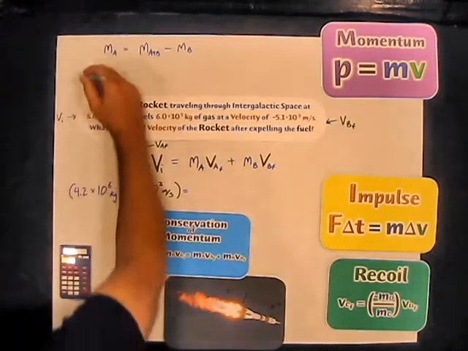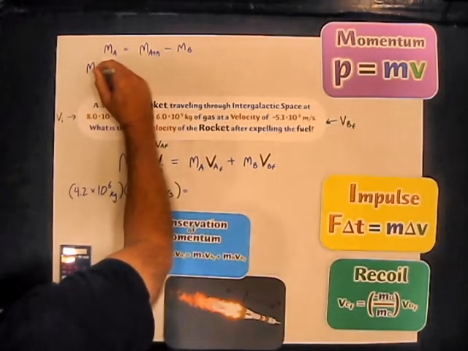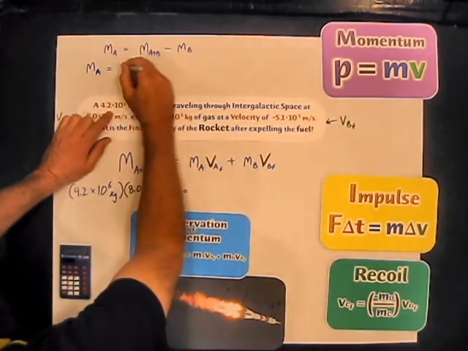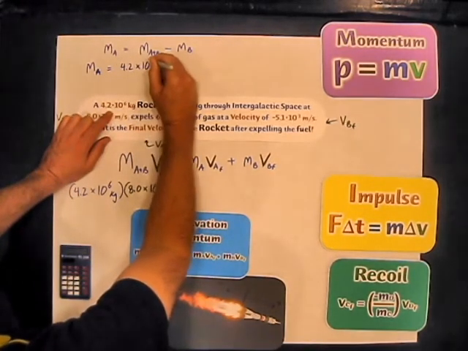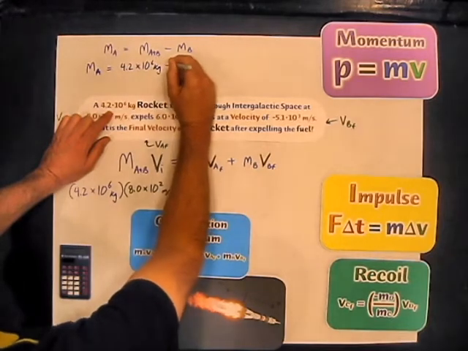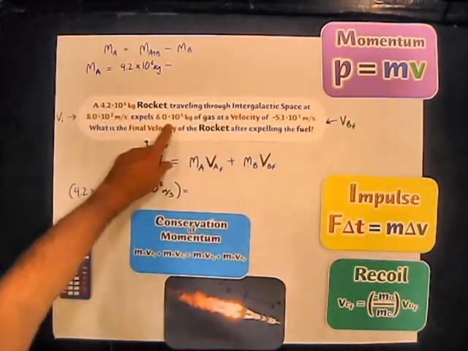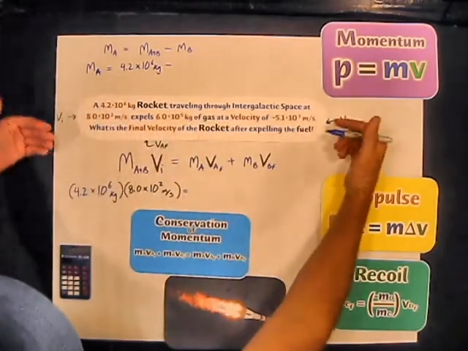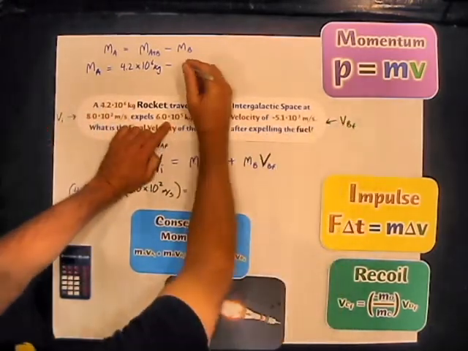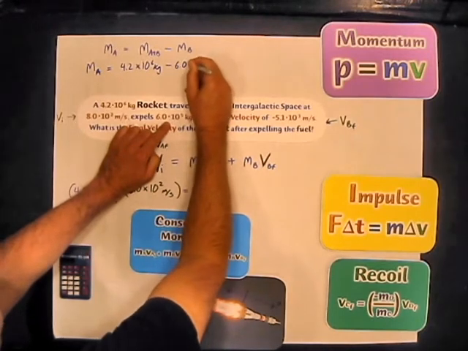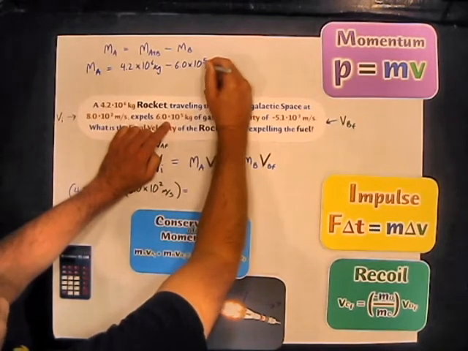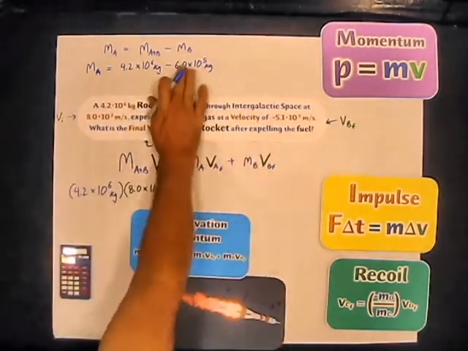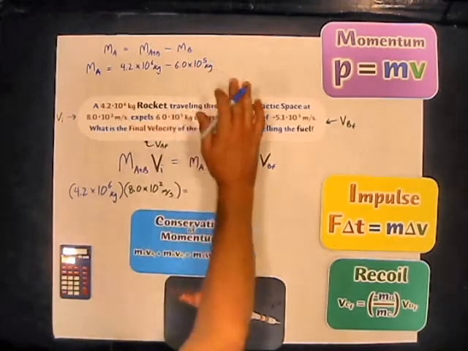So MA equals this mass, 4.2 times 10 to the 6th kilograms, minus MB, 6.0 times 10 to the 5th kilograms. I deliberately made these close enough together that this would be significant, that you couldn't just ignore it.